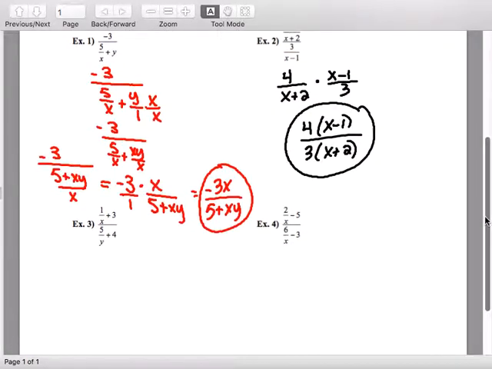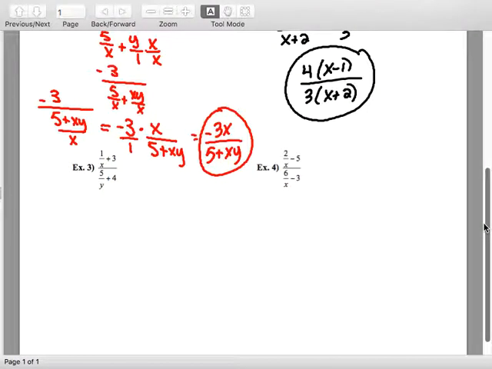All right, so let's do a couple more here. Let's look at example 3. If I have 1 over x plus 3 over 5 over y plus 4. All right, I don't have one fraction over one fraction. I've got a sum in the top and a sum in the bottom. So watch what we're going to do.